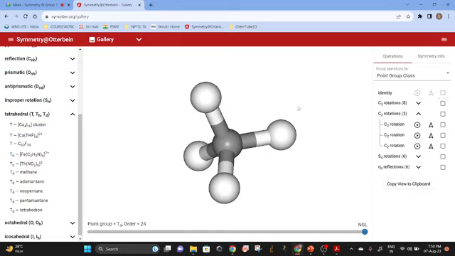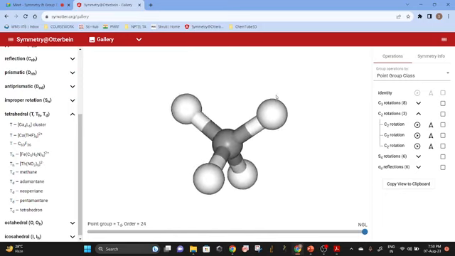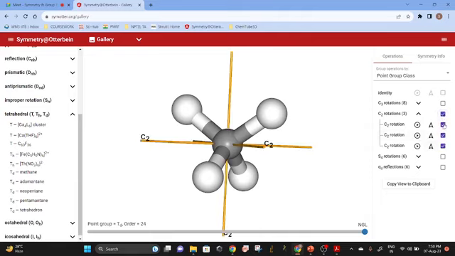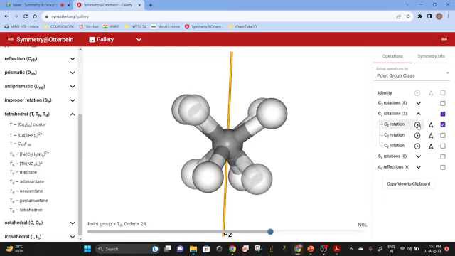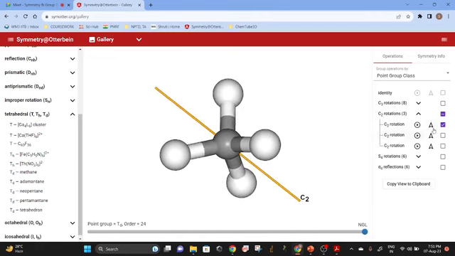Now can you imagine C2? Where is it? Passing from opposite ways through the center. Yes, correct. Let me show one only. It is bisecting the two V's formed by the C-H bonds, and when you see it from the other side, you can see the V changing its places.